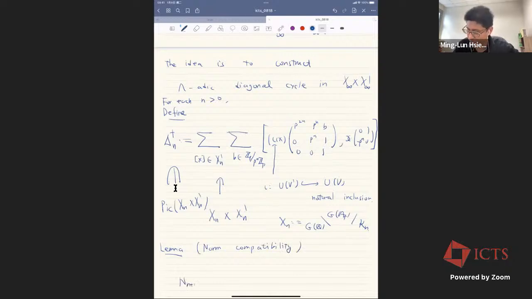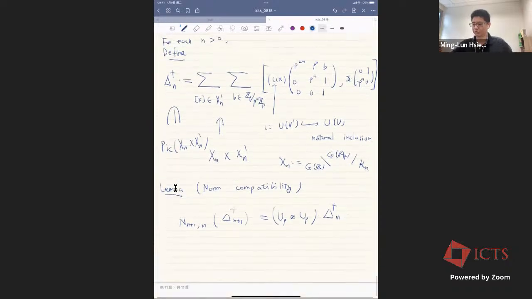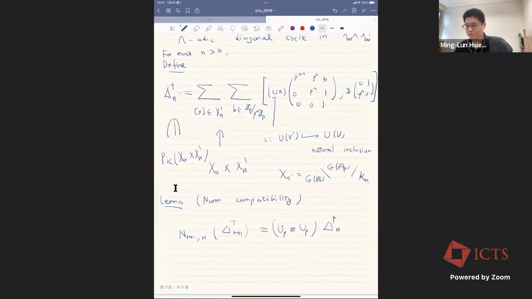Namely, when you take the projection from Delta_{n+1}^dagger onto X_n cross X_n', then this is equal to U_p tensor U_p times Delta_n. Okay, so this can be checked just by definition.